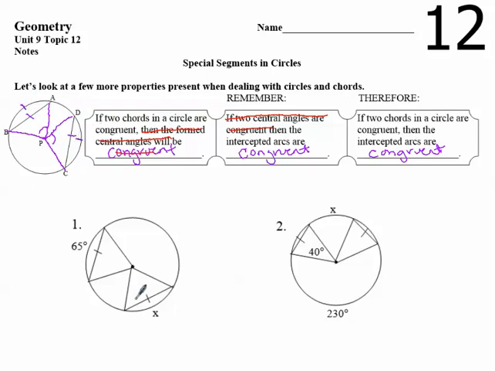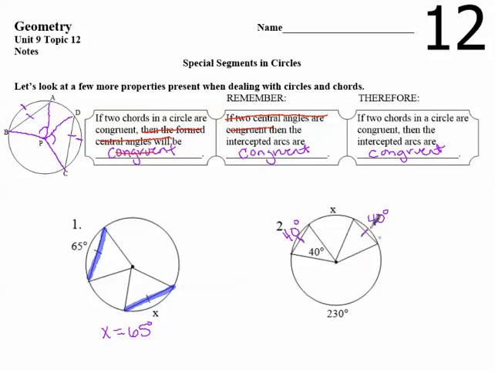So let's go ahead and look down here. Since these two chords are marked congruent, that's what those little hash marks mean, they have to be the same. So x is 65. Now number 2, central angles pop out to arcs, and this arc is also 40 because of the congruent hash marks.